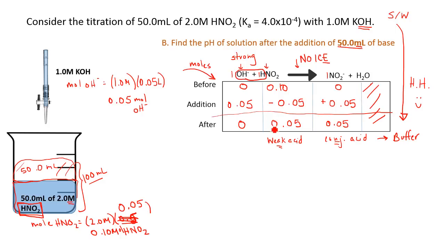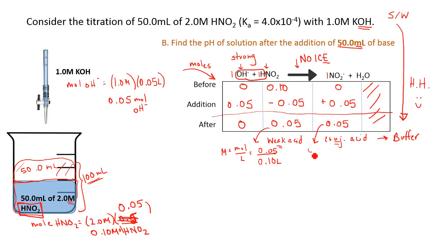Okay, so these are moles. I need to convert moles to molarity. So molarity is equal to moles over liters. I'm going to take my moles and I'm going to divide by my liters, which I said over here I had 50, I added 50, I now have 100 milliliters, or 0.10 liters. Happens to be the same. I have as much weak acid as I produced weak base.